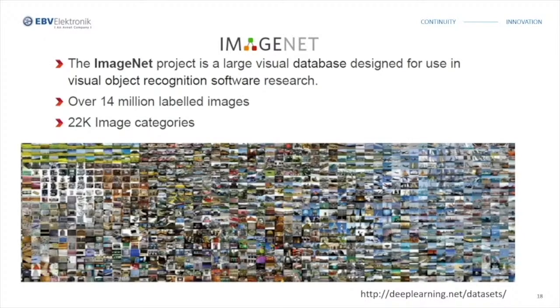It means each image has its own label, and they are categorized in more than 20,000 different categories. You can see at the bottom of the slide the internet site with a link where you can find a list of almost all of the data sets which are currently used for deep learning applications.